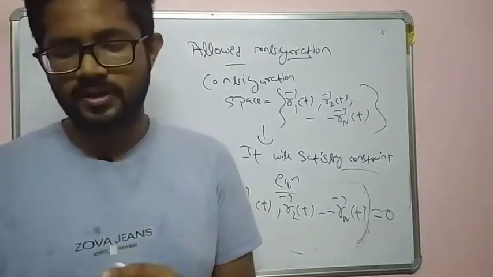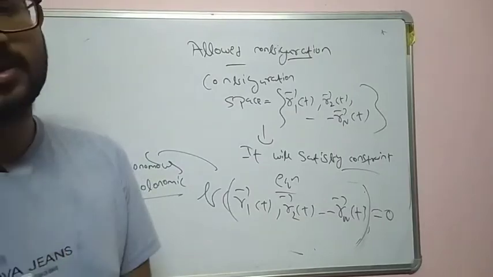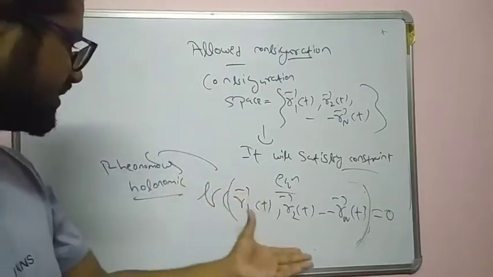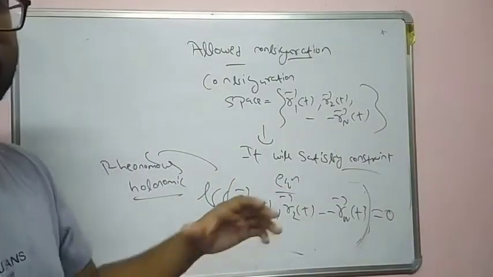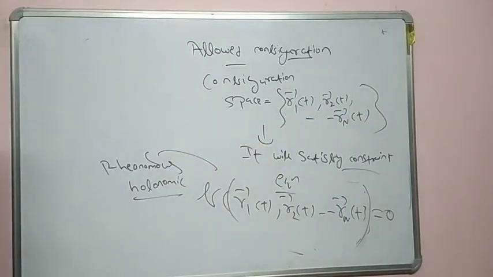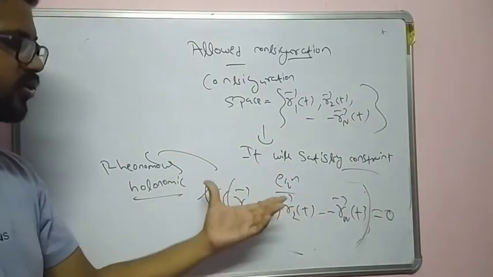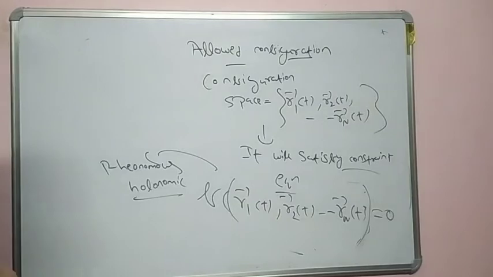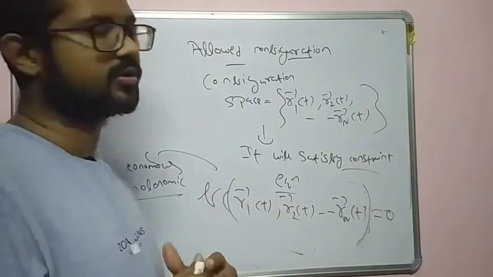That means when a particular configuration satisfies the rheonomous holonomic condition, that configuration is an allowed configuration.